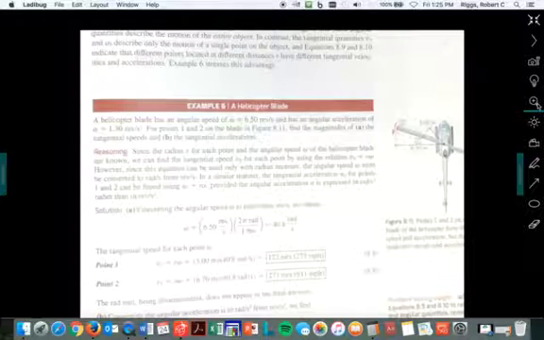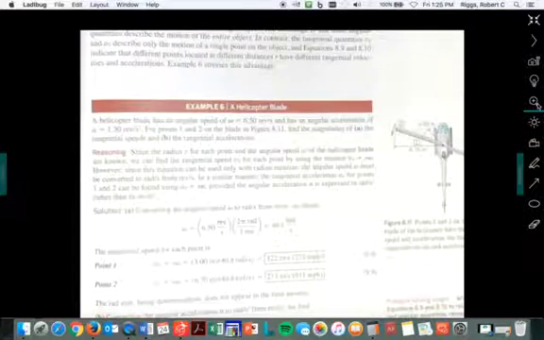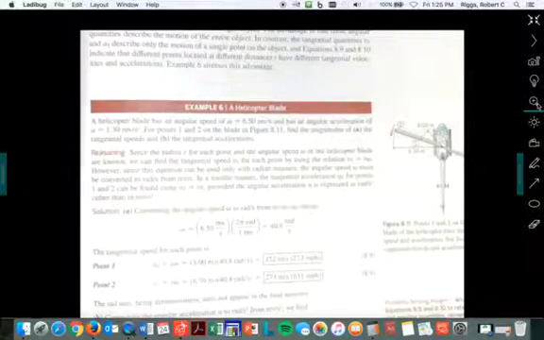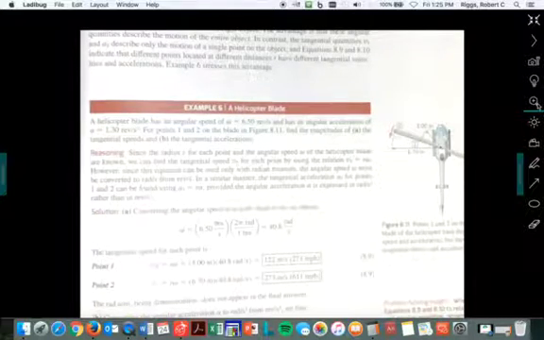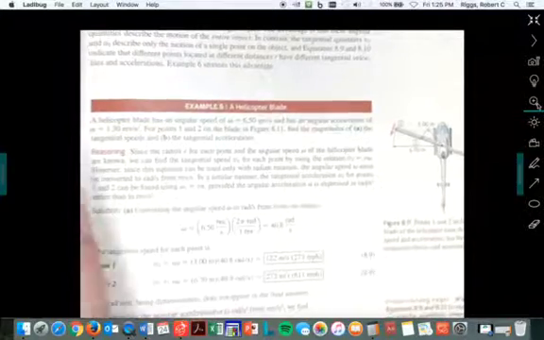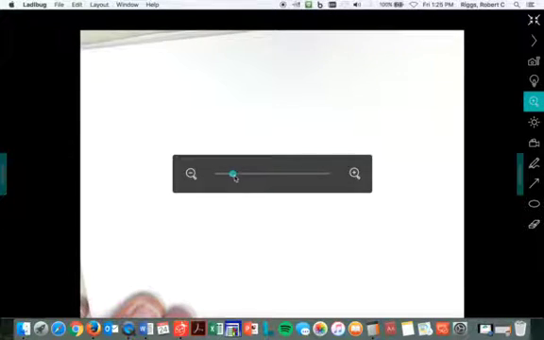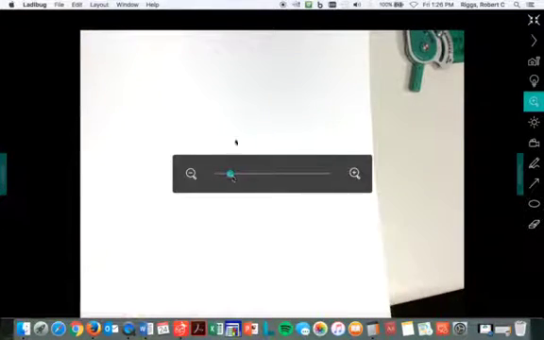At that very specific time, it's got a radius. Oh, we're going to have to change it to radians per second because we need to find the tangential speed and tangential acceleration.